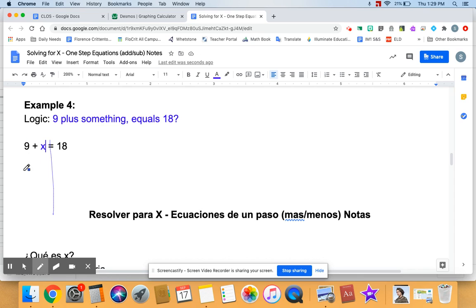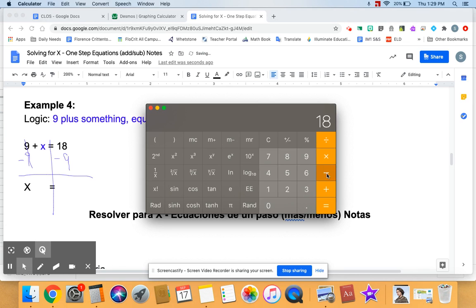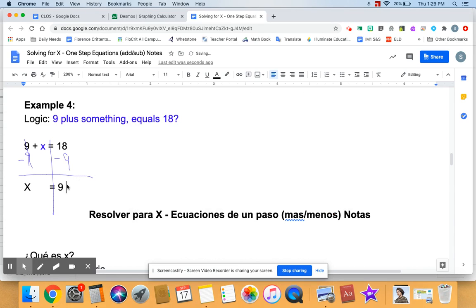Right now there's still a 9 that I need to get rid of on the left. How am I going to get rid of it? By minusing it away from both sides. So this 9 minus 9 eliminates, and I've officially isolated x. It's the only thing on the left now. And 18 minus 9, if I put that in a calculator, gives the answer of 9. So in this case, x equals 9.